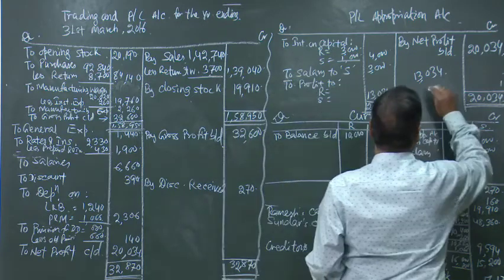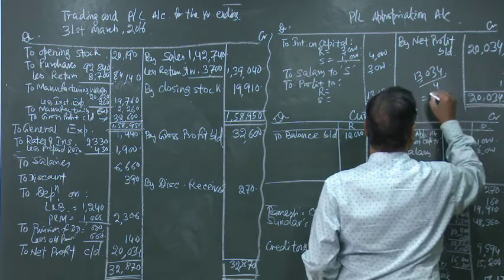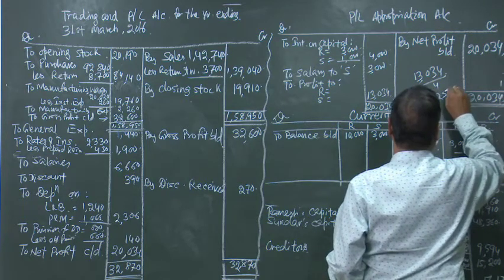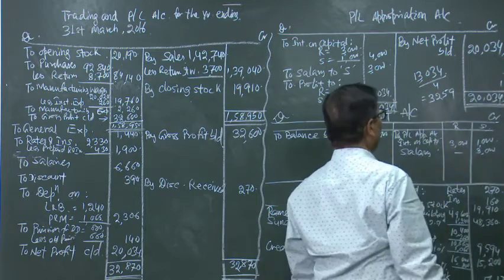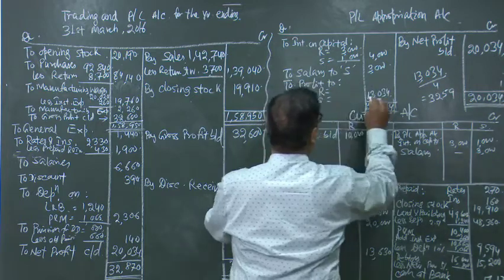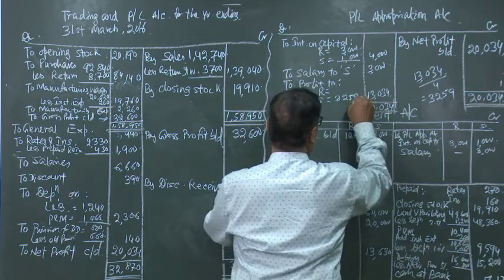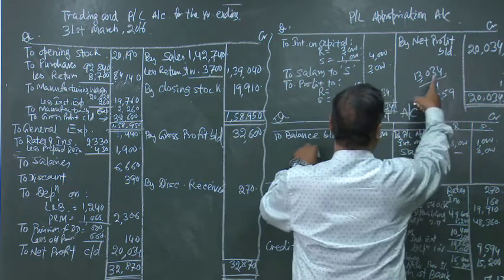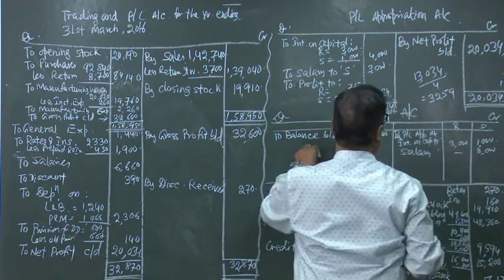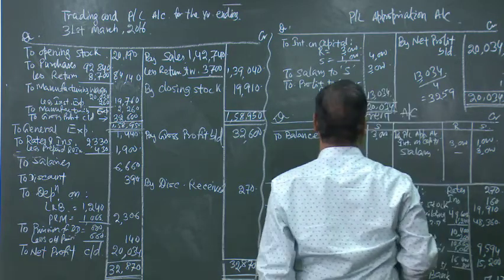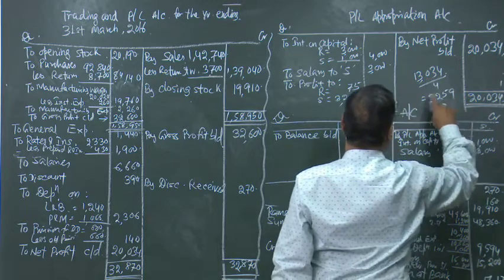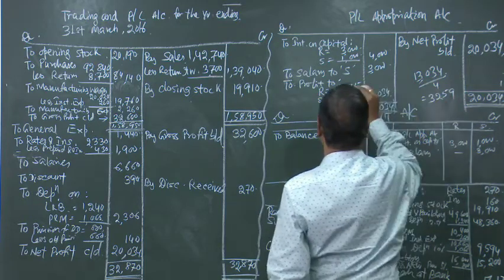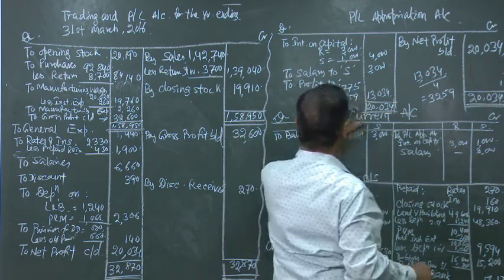So, we can divide it by 4, like this 3259, and the remaining will be approximately 9775.